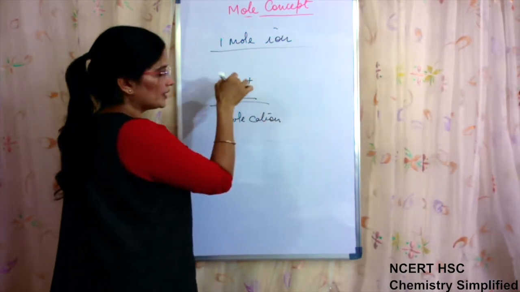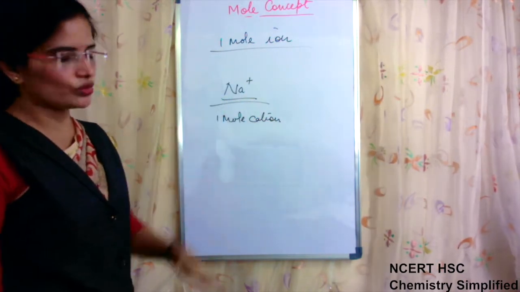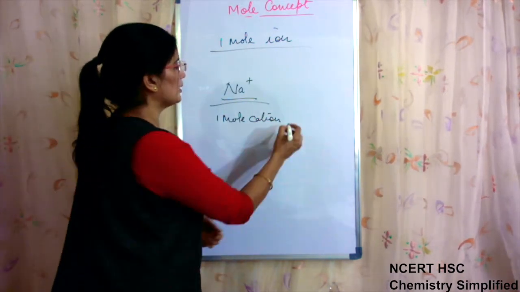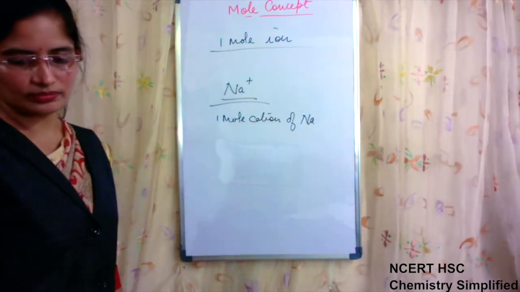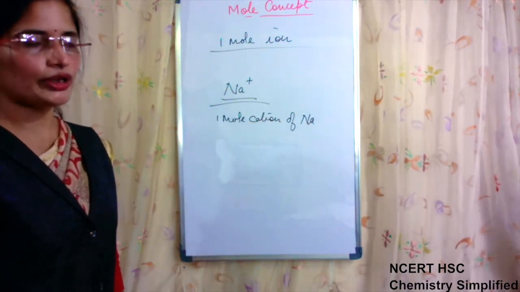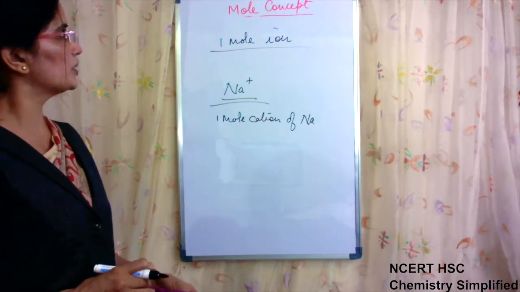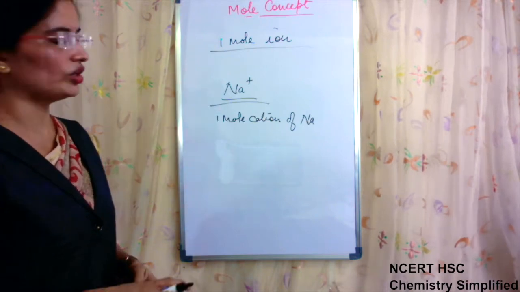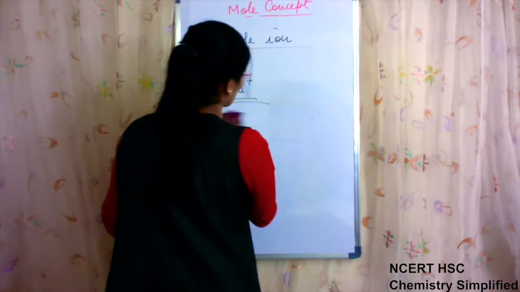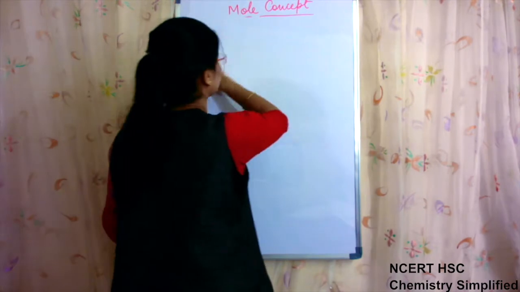This is not 1 atom of sodium, 1 ion of sodium written. It is 1 mole cation of sodium written here. So the terms can be used for all types of species, maybe atom, maybe ion, and maybe molecule. These things should be first clear in our mind.